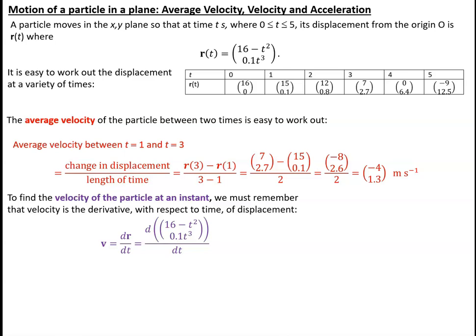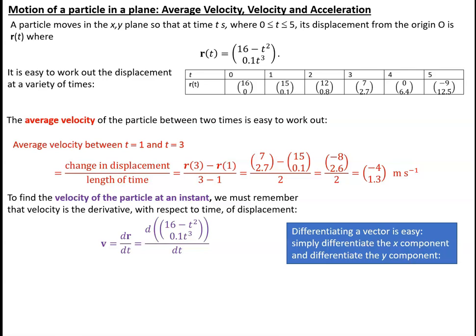Now differentiating vectors is nice and easy. We simply differentiate the x component and differentiate the y component separately. So, in this case, the x component of the velocity will be given by the derivative of 16 minus t squared, and the y component of the velocity will be given by the derivative of 0.1 t cubed.